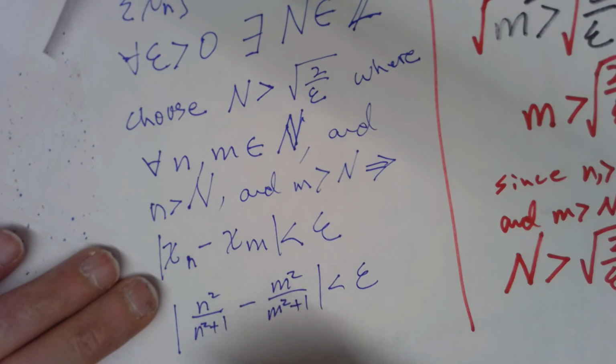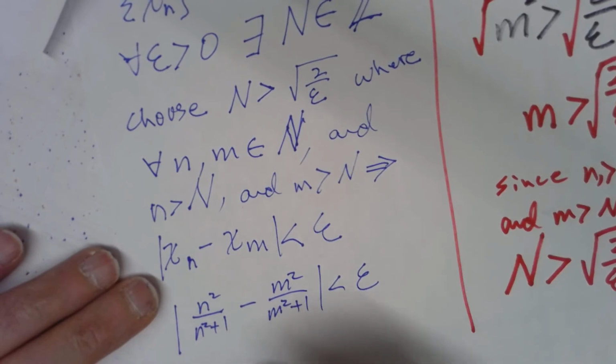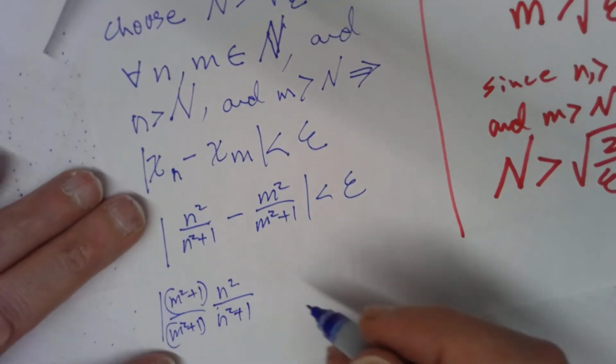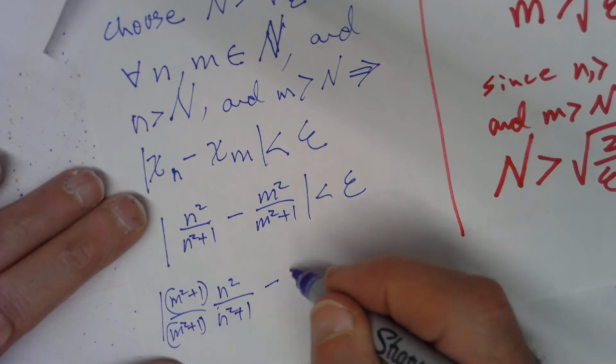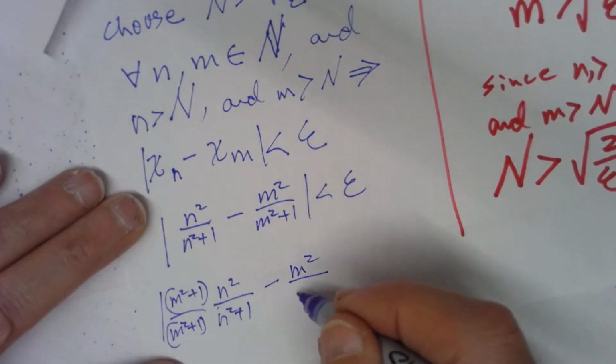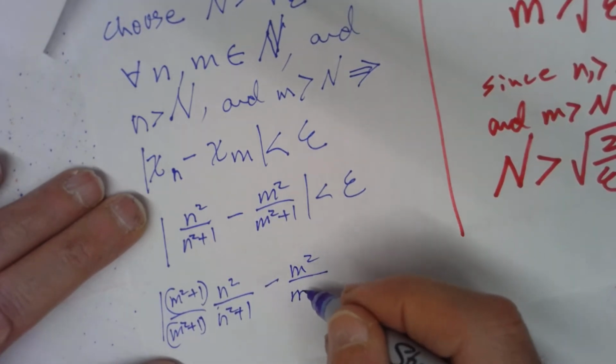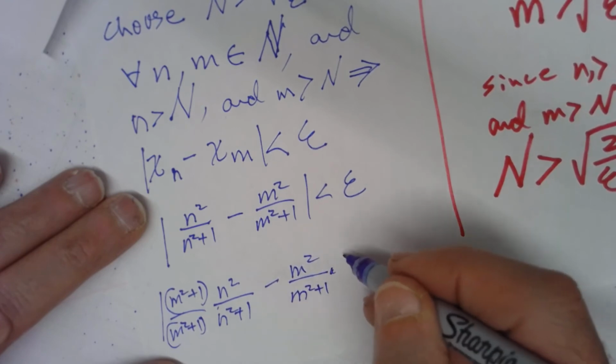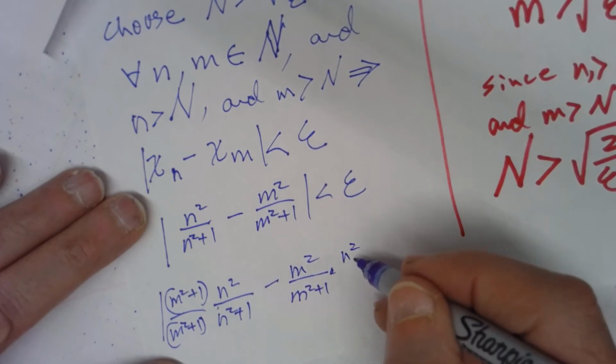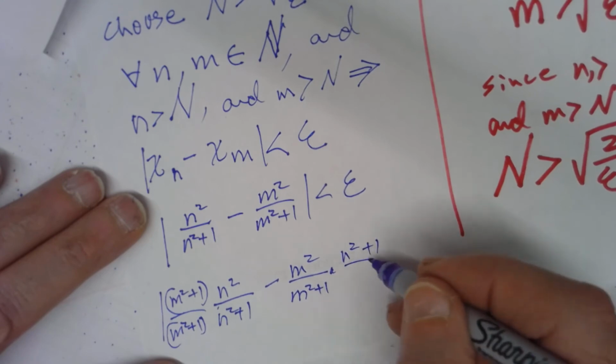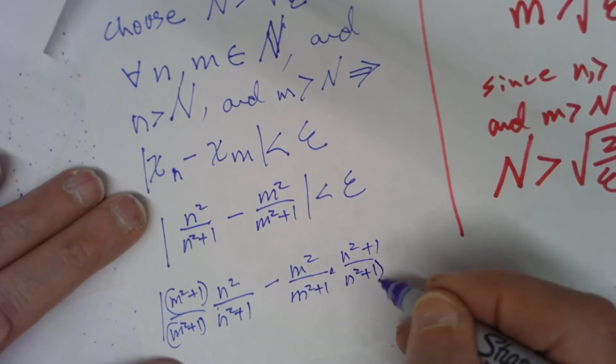So this will be m squared plus 1 over m squared plus 1 times n squared over n squared plus 1, so that we can get a common denominator, minus m squared over m squared plus 1 times n squared plus 1 over n squared plus 1.